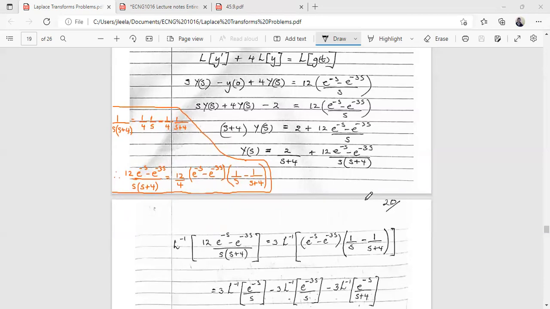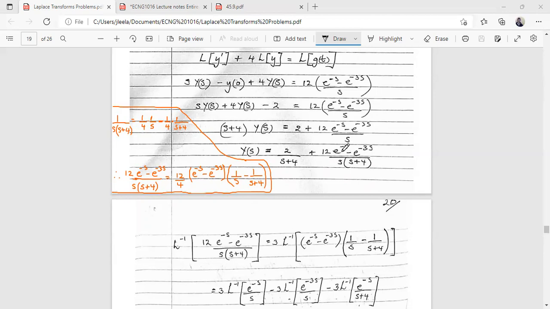Right? So this part here, the Laplace inverse of the first rational fraction here is straightforward. We could do this. But the second part now is a little complicated. So you have to break up this into partial fractions, right?